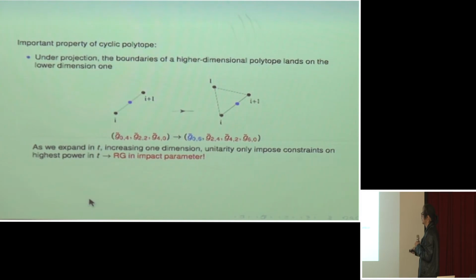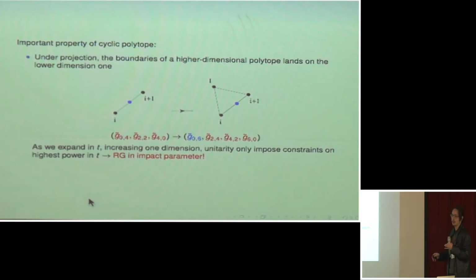You might think there's a new constraint that comes back to constrain the original thing that I verified was within the lower dimension polytope. But precisely because of the cyclic property, the only thing that it constrains is this extra component. So once your theory has a point that lives in the lower dimension polytope, when you go to higher dimension, the only thing that is constrained is this new higher dimension operator.